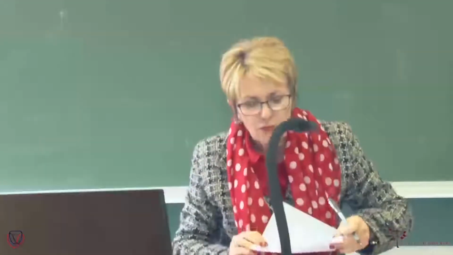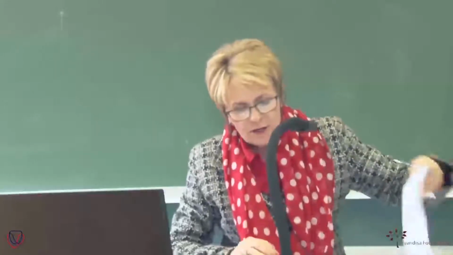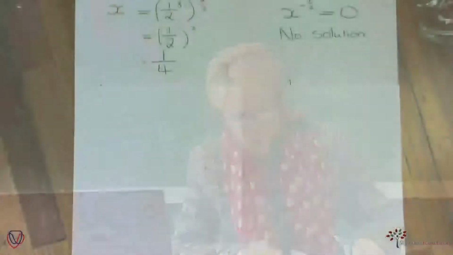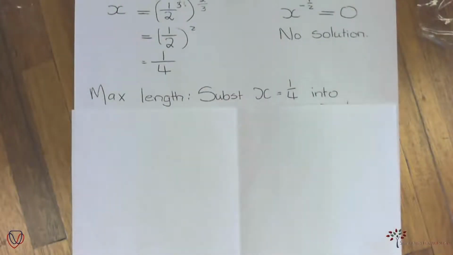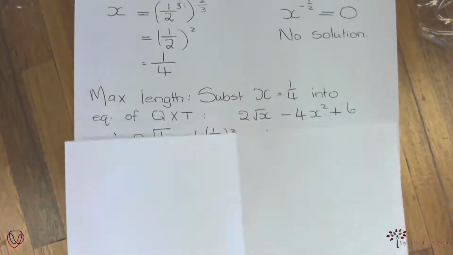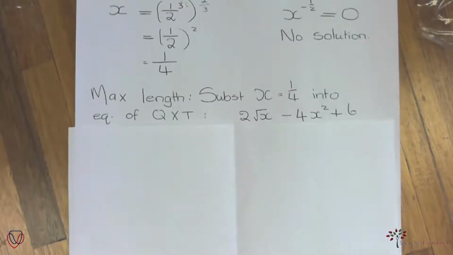Let's go to the other method, because the other method is very useful and very important also. Did I do it? No, I didn't do it. I'll do it with another sum. That one with x is minus b over 2. Oh, no, here I did it. Wonderful. There I've got my x, a quarter. Then I go maximum length, substitute the x, a quarter, into the original equation of QXT.